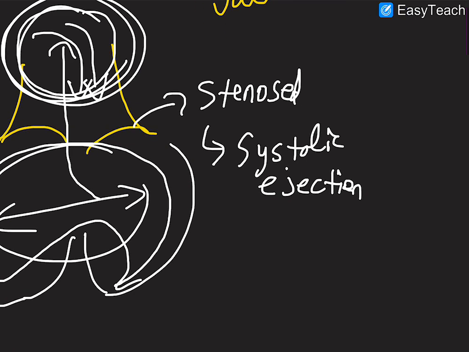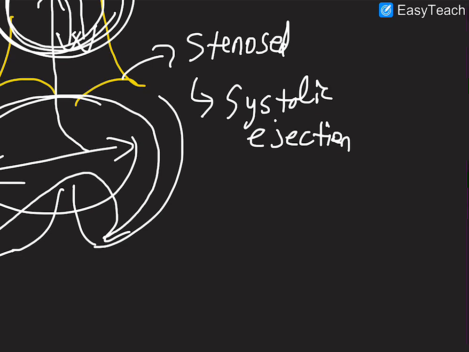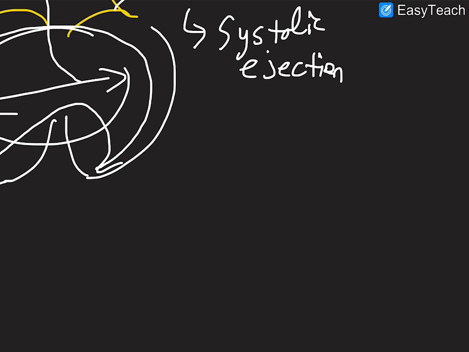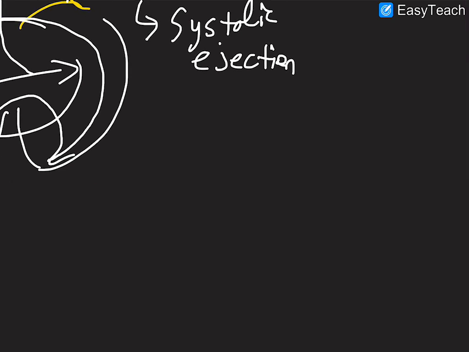So remember, if a valve is stenosed, for example in aortic stenosis, when the heart pumps against the aortic valve, you're going to hear a crescendo murmur. If we depict that with a drawing, you have your S1 here. When the heart contracts, your mitral valve and your tricuspid valve close.